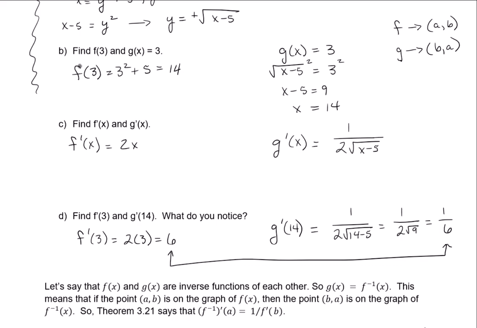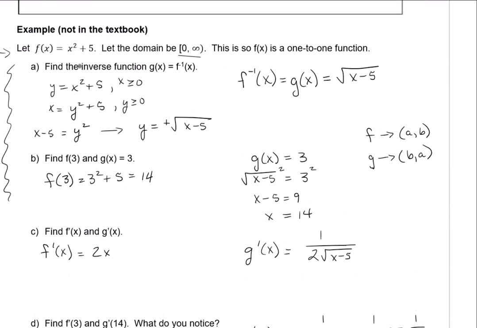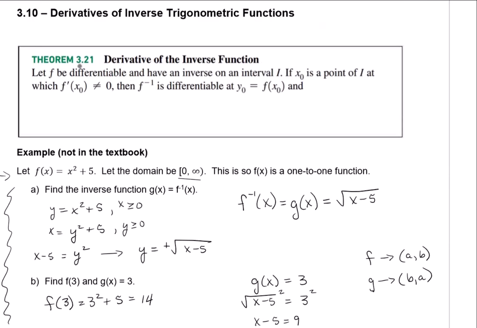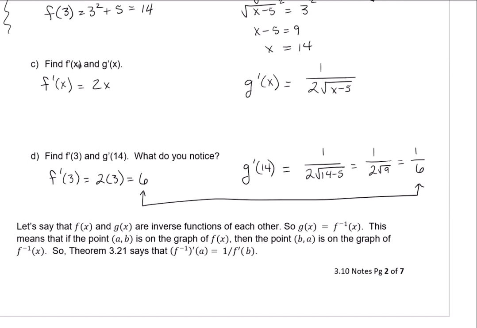So this is what theorem 3.21 is saying for us about the derivative of an inverse function. If f of x and g of x are inverse functions of each other, so that g of x equals f inverse of x, this means that if the point (a, b) is on the graph of f of x, then the point (b, a) is on the graph of f inverse of x.